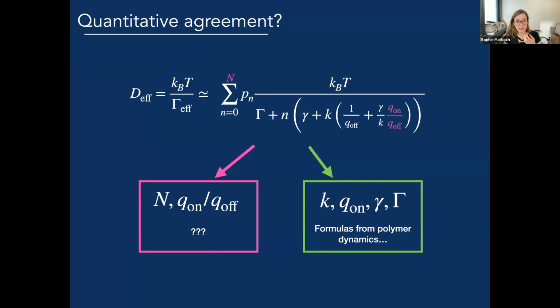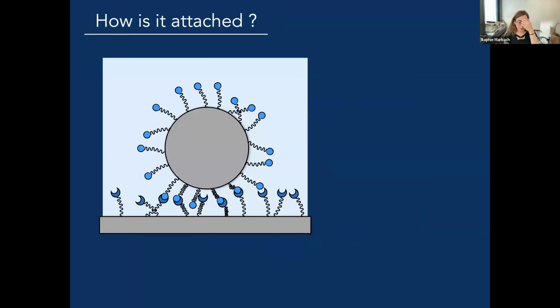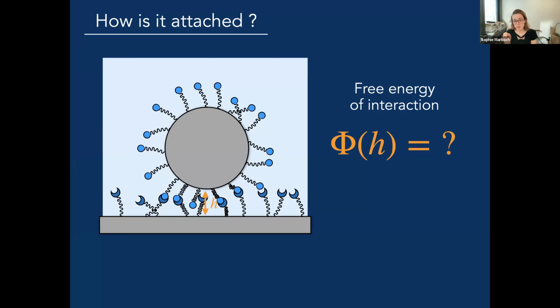So in that process, to figure them out, we had to understand how our particle was attached. Not how it was moving, but first how strongly it was bound to the surface. And that meant trying to figure out the free energy of interaction of my particle with the surface.